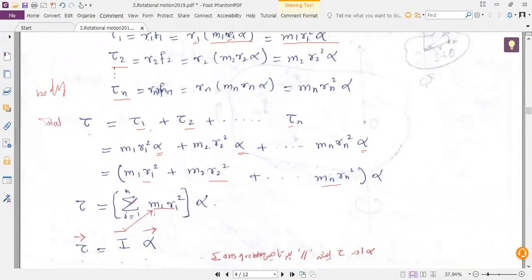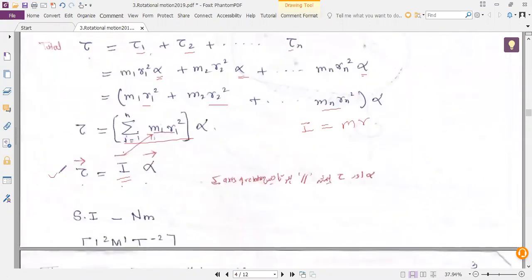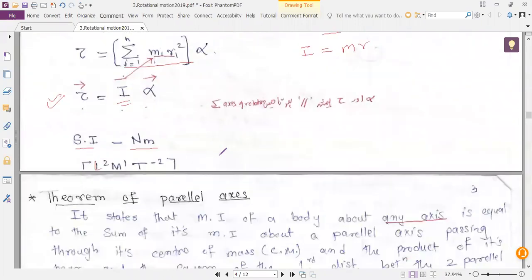So we represent it by summation sign i is equal to 1 till n of mi ri square. Now we know that inertia in rotational motion is represented by mass into distance square. So we are replacing this part by inertia. So we are getting this formula, torque is equal to I alpha. With this formula, we can easily calculate any rotating body torque. The SI unit of torque is Newton meter and the dimension is L2 M1 T minus 2. I hope you understand this part, students.